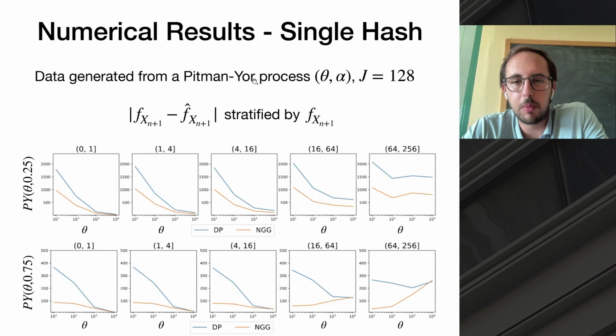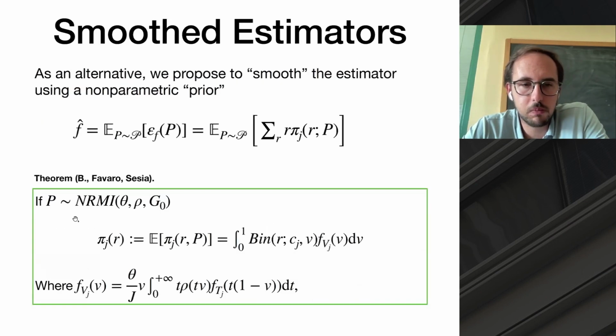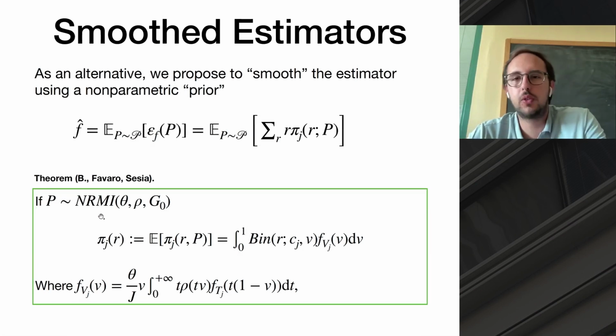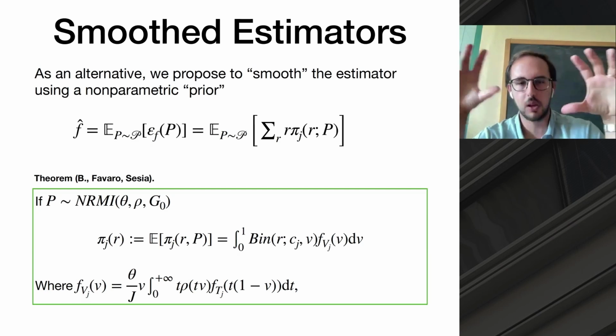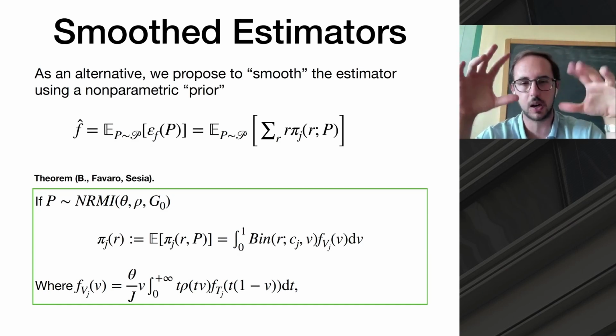Thanks. So yeah, sorry, for the sake of time, I didn't talk about the simulation stuff, but we use a Pitman-Yor process to generate the data. Instead, if we wanted to use a Pitman-Yor process as a smoothing distribution, we would be in some problems here, because these results only hold for normalized random measures with independent increments. At least before normalization, we need the evaluations of this measure on disjoint sets to be independent.